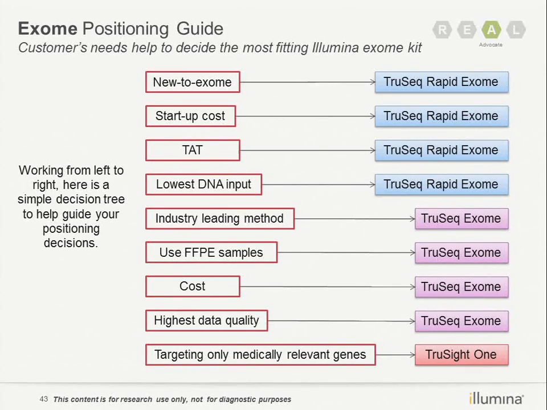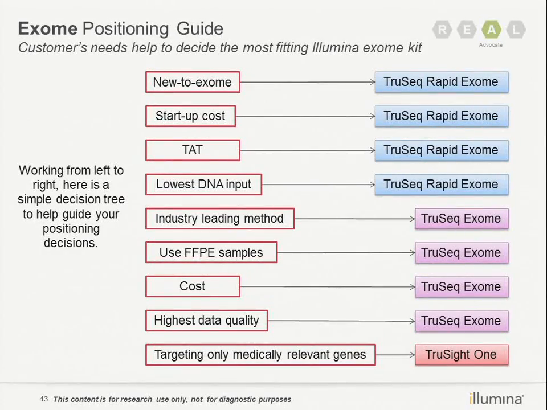Which one to select depends on your requirement. For example, if you are new to the exome area, you can use the TruSeq Rapid. The startup cost of this kit is a bit lower, the total workflow can be finished within 2 days, and it requires the lowest DNA input.